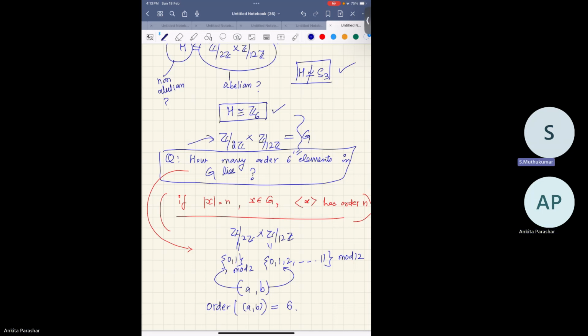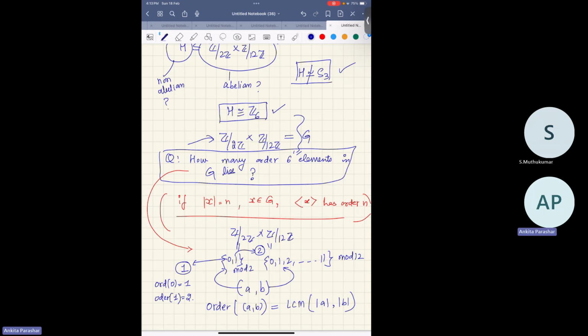It is the LCM of the order of the first element and the order of the second element, exactly right. So now, you know the order of 0 is 1 and the order of 1 is 2, right? Because you have to sum 1 two times, then only will you get 0 as the identity.